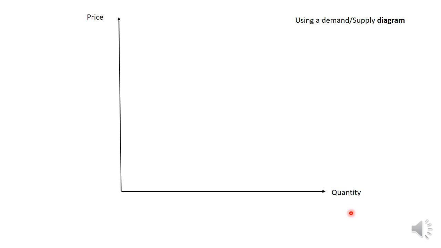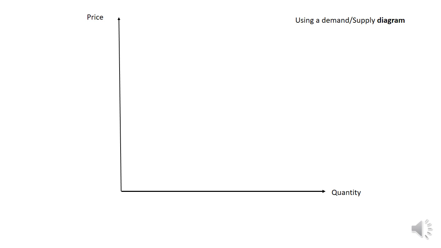Now how does it work? From the origin, if the price is higher, the value of the price goes up. Follow the mouse, you go up. If there's a higher quantity of goods in the market, the value goes higher, it moves to the right. So this demand and supply diagram shows you the relationship between the price of the good and the quantity that's being bought or sold. It shows you a relationship.